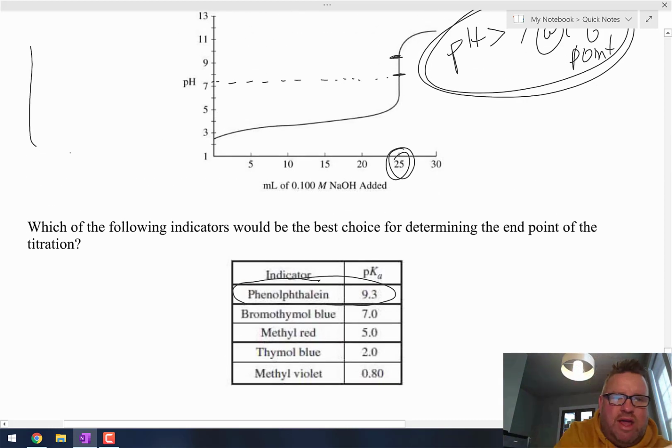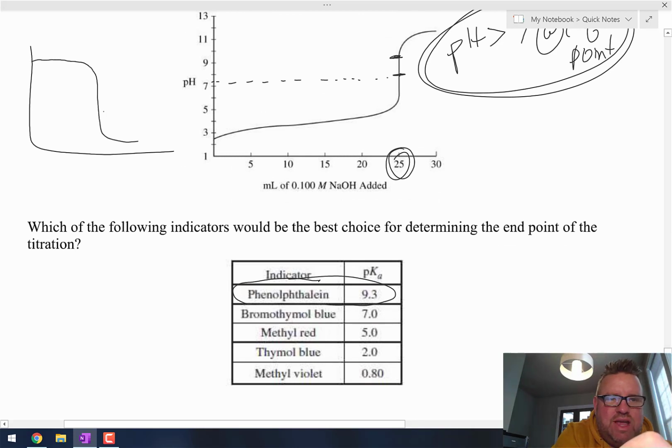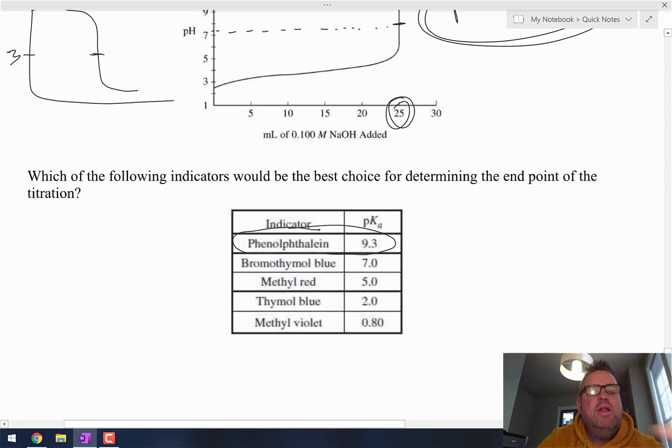Let's say we did a base one where we started up here and it went down, and let's say the equivalence point was around 3. Which certainly could happen. What indicator would you use then? The one that has a pKa closest to 3, which in that case would be thymol blue.